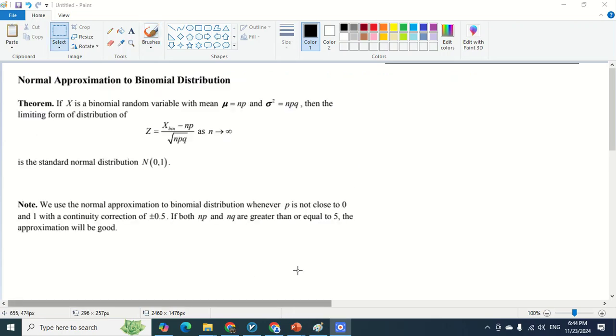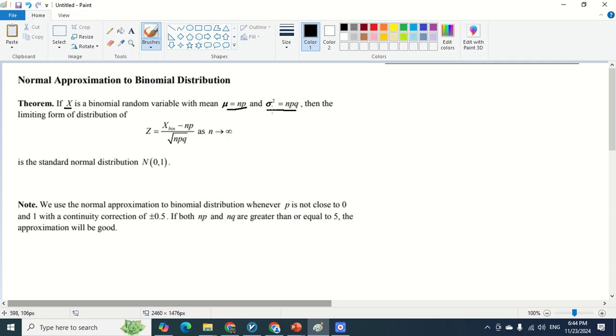So we have one small discussion about the approximation of the binomial distribution by using the normal distribution. Over here, if x is a binomial random variable, of course x is discrete, you should care about it, and mu is given by np and sigma squared is given by npq.